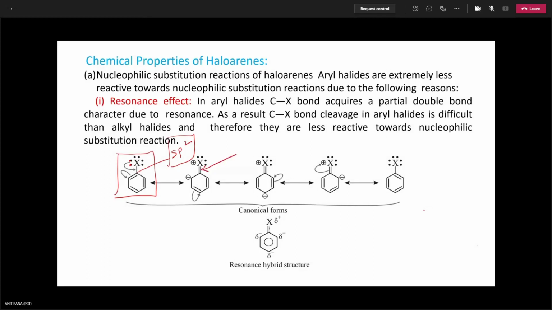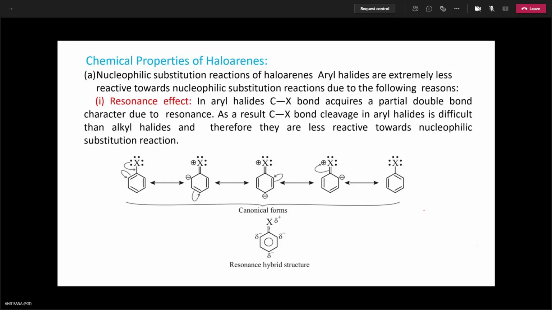Further, the percentage of s character is more in sp2, so it is difficult to break the carbon halogen bond, and therefore under normal conditions you cannot substitute the halogen easily. It does not mean that you cannot carry out the substitution. But for this you require harsh conditions, very high temperature, very high pressure.